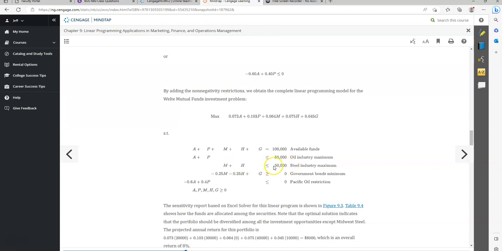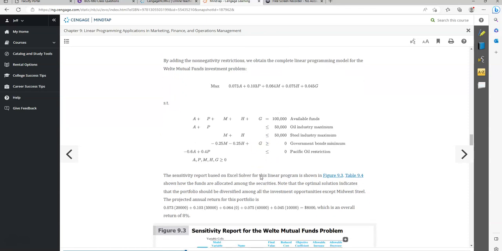The amount invested in steel can't be more than $50,000. The government bonds must be at least 25%, as I recall, of the amount invested in the steel industry. And then the amount invested in Pacific by itself can be no more than 60% of the total amount invested in the oil industry. So those are the constraints.